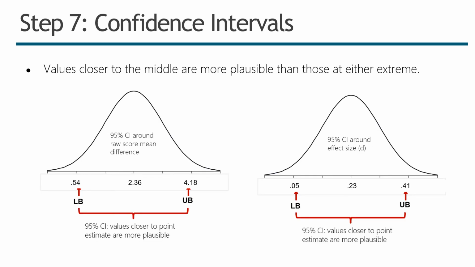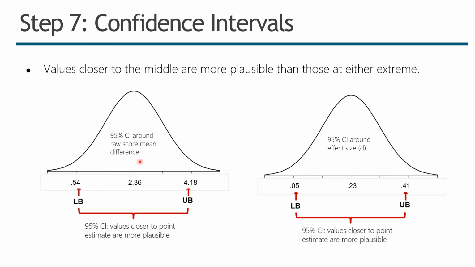I think it also helps to look at this graphically, right? We can see here when we look at the confidence intervals on a graph that the one on the left is the 95% confidence interval around the raw score, and the one on the right is the 95% confidence interval around the effect size. What this points out is that those around the middle are more plausible options than the ones out in the tails.